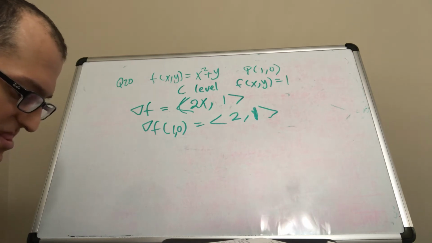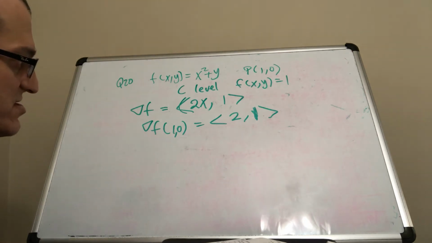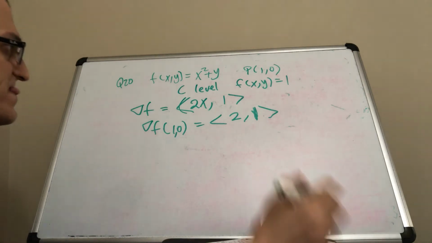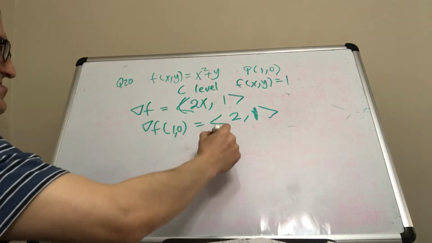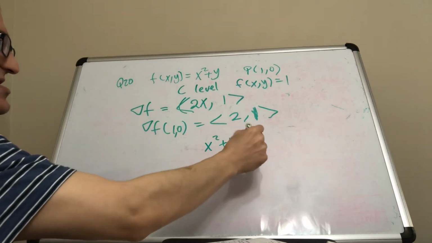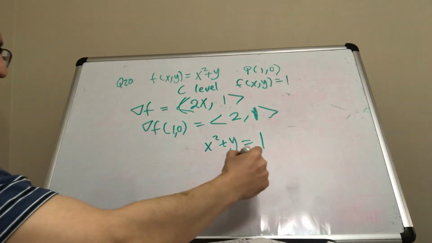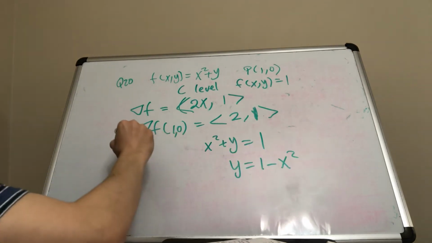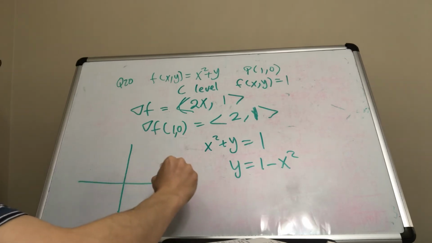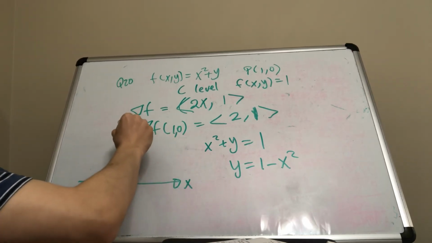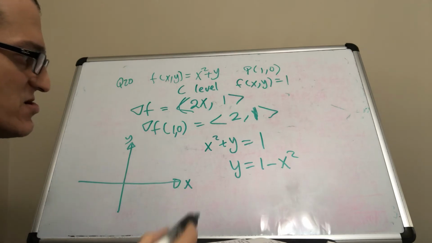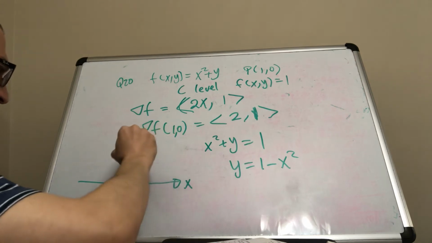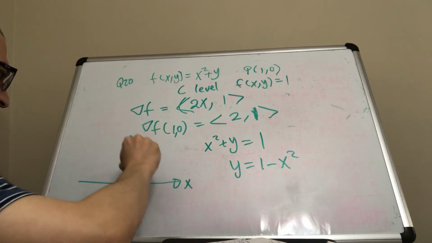Now, sketch. You need to sketch this curve. To sketch this curve, you have this function, x squared plus y at level 1, making y equal 1 minus x squared. If this is x, this is y. Negative x squared is an upside-down parabola, and the 1 makes it start from 1.